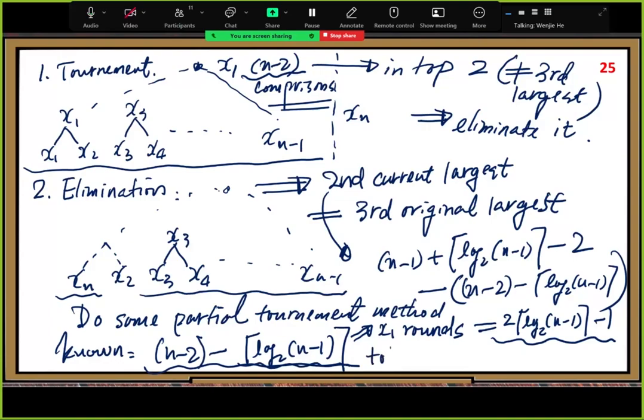The total is the first one, n minus 2, plus the second one. So n minus 2 plus ceiling function of log of n minus 1 minus 3, because minus 2 combined with minus 1 gives minus 3. So this is the final formula.